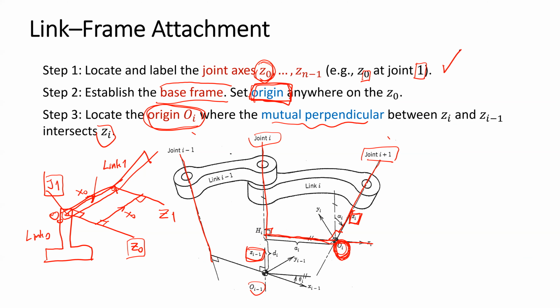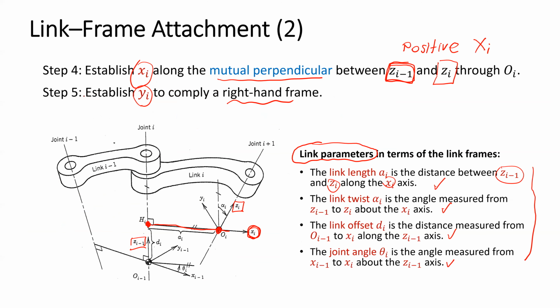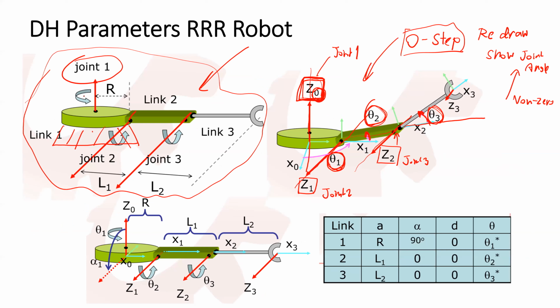The step 2 is to find the base frame. Now we already have the z-axis. For the base frame, we just need to know where the x-axis of the base frame should be. The x-axis can be on the floor, or can be on the top of the cylinder.